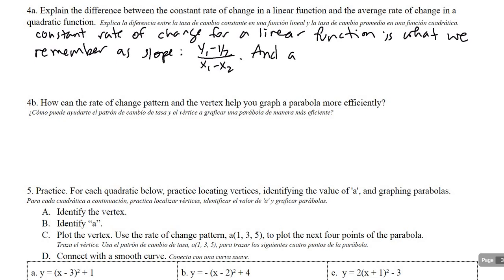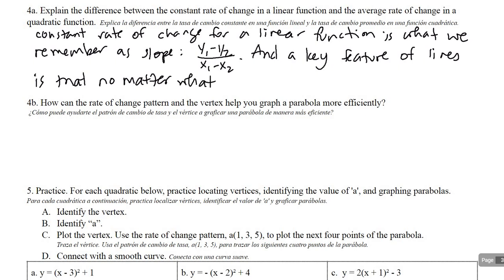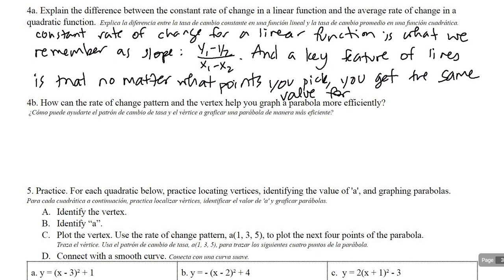And a key feature of lines is that no matter what points you pick, you get the same value for slope.